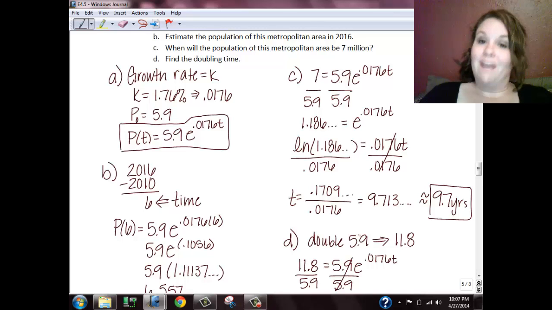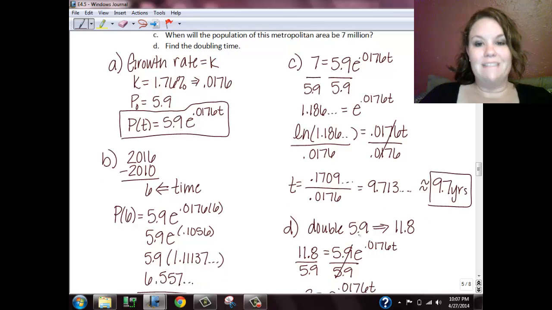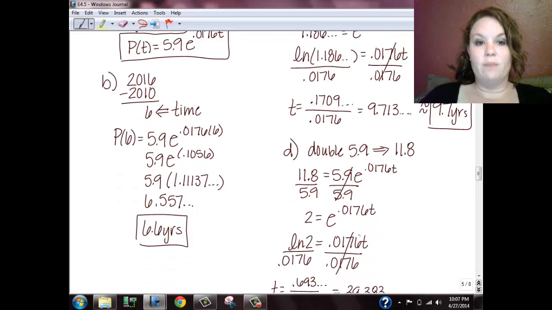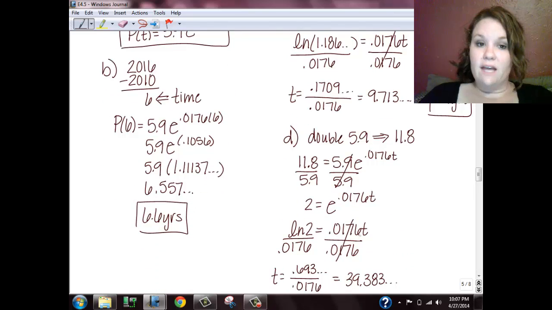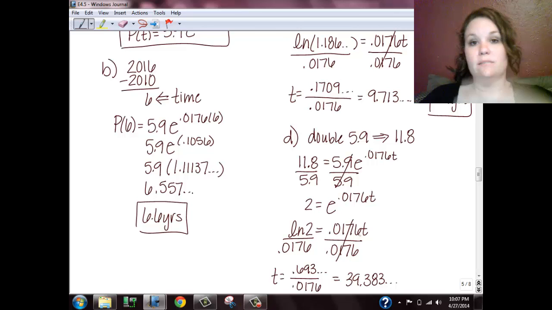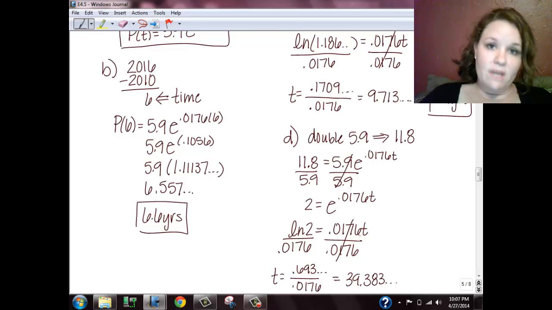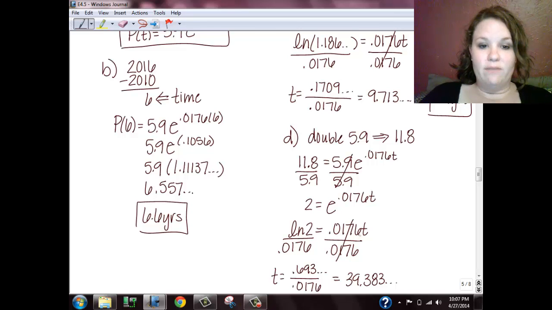So my time is 6, and I'm plugging 6 into the function from part A. I multiply 6 times 0.0176 in my exponent, raise e to that power, which gives me 1.111 and some more digits. Then I multiply that by my initial amount, 5.9. That gives me 6.557. I just rounded it to 1 decimal place.